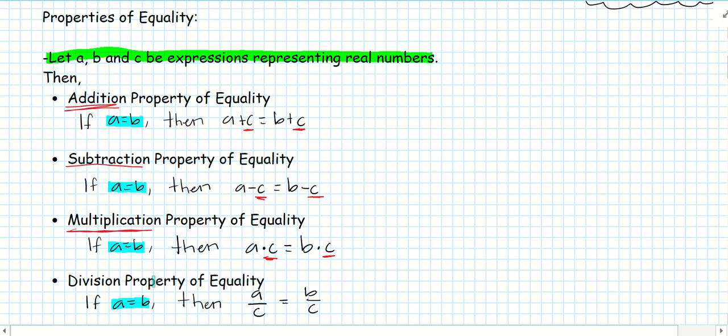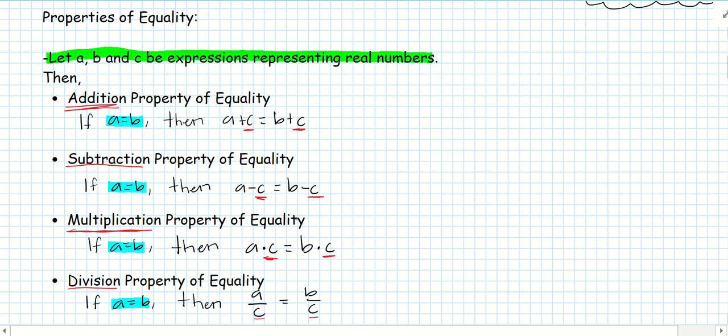Now with division, instead of addition, subtraction, or multiplication, we are dividing by the value C on the left, so that means that on the right we also need to divide by C. So basically, for all four basic operations of math, adding, subtracting, multiplying, and dividing, we apply the property of equality. If we do something on one side, we have to do it on the other side.